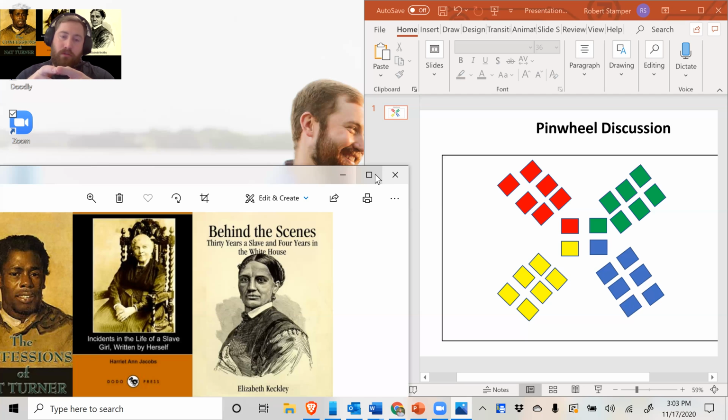The green student would initiate the discussion and pose a question to one of the other 3 groups. That person would respond, and that allows for a discussion between all 4 of them.